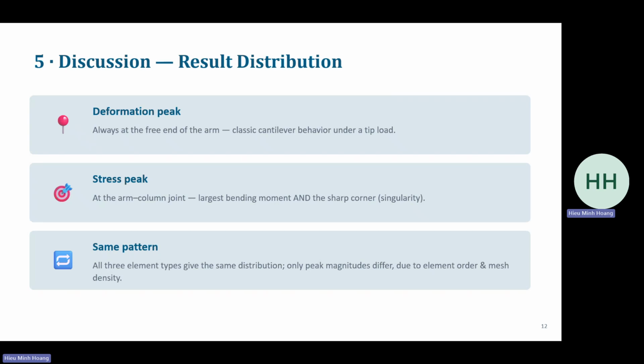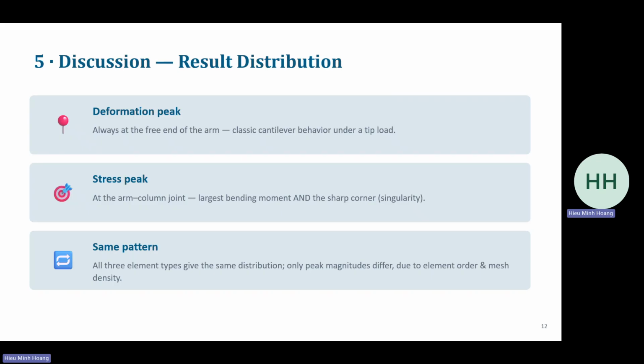And one more thing, all three element types give the same distribution pattern. Only the peak magnitudes are different because of the element order and the mesh density.